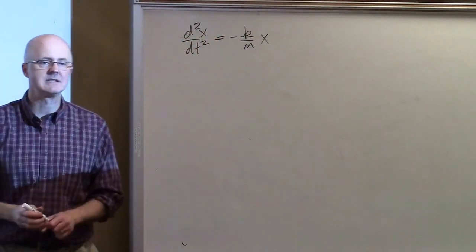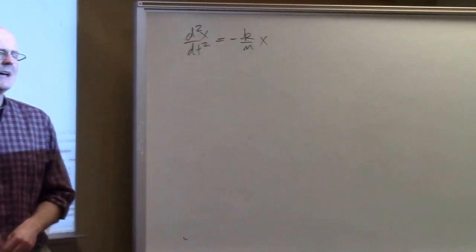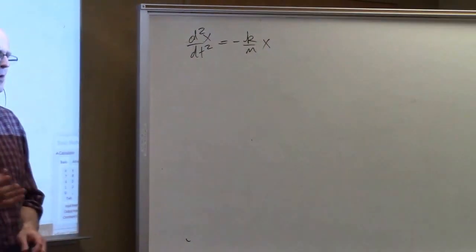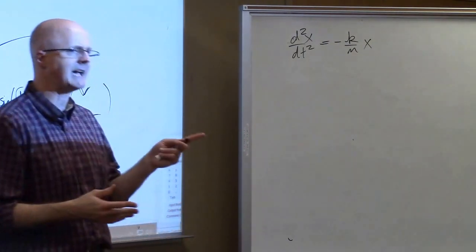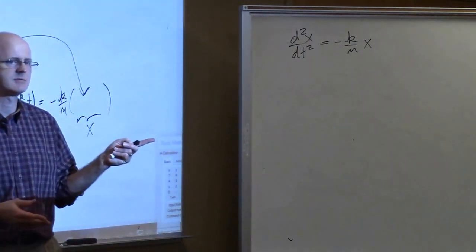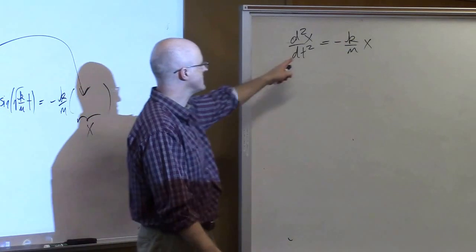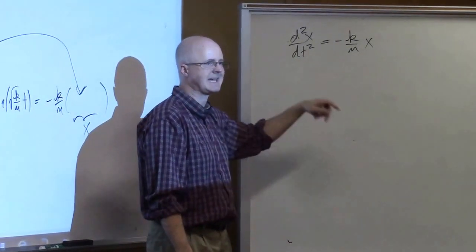That is equivalent to a system of two first order equations. This equation is second order because it involves a second derivative. When your differential equation involves a second derivative, it's called a second order equation.